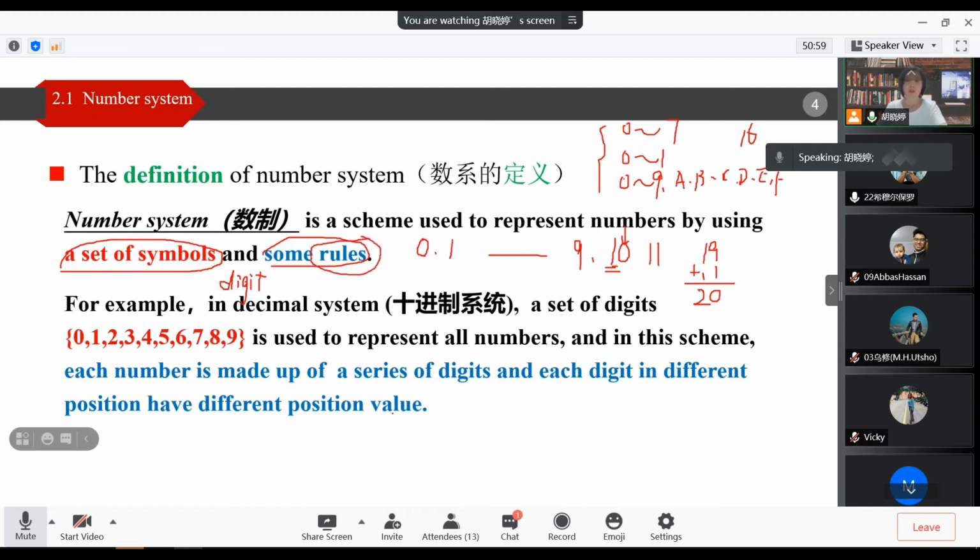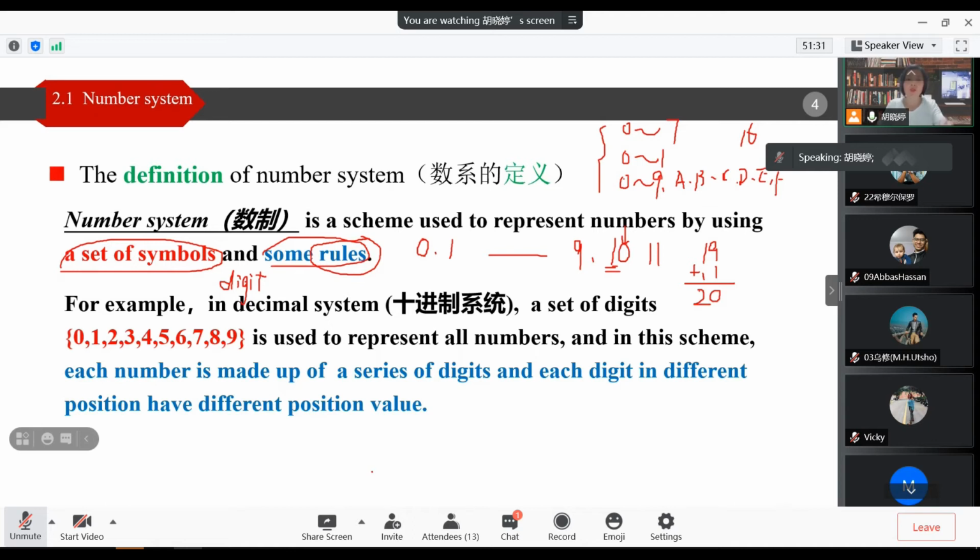Okay. So if a system has a set of symbols and some rules, you can call that system a number system. Any system that contains a set of symbols and some rules can be called a number system.